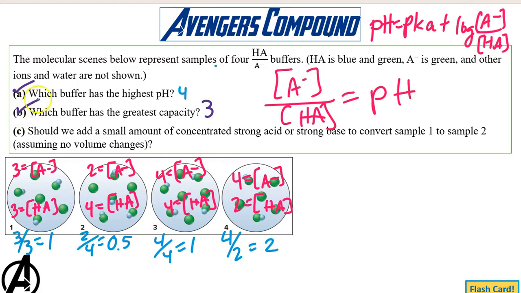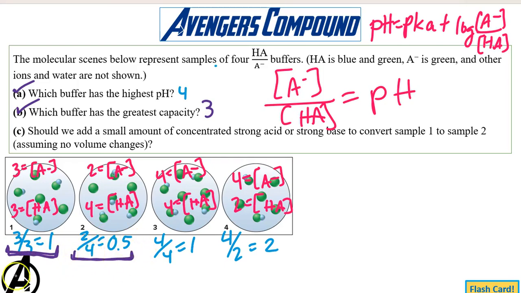We got letter A and we got letter B. Let's go ahead to letter C. Should we add a small amount of concentrated strong acid or strong base to convert sample 1 to sample 2, assuming no volume changes? So they want us to figure out, we're going from something that's very close to 1 to now a sample that's close to 0.5.